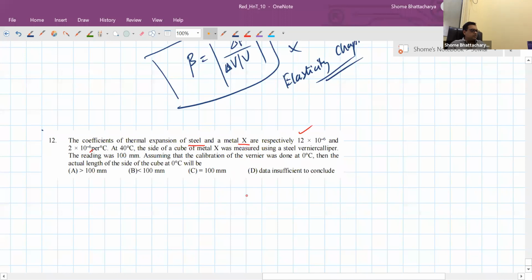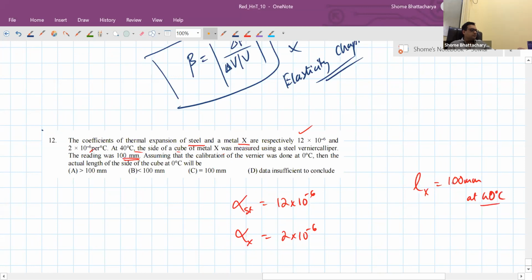So alpha of steel, alpha of the metal X. They are given as 12 into 10 raised to minus 6 and 2 into 10 raised to minus 6. Now at 40 degrees C, the side of a cube of metal X was measured using a vernier caliper. The reading was 100 millimeters. So the side of metal X was measured to be 100 millimeter at 40 degrees C.